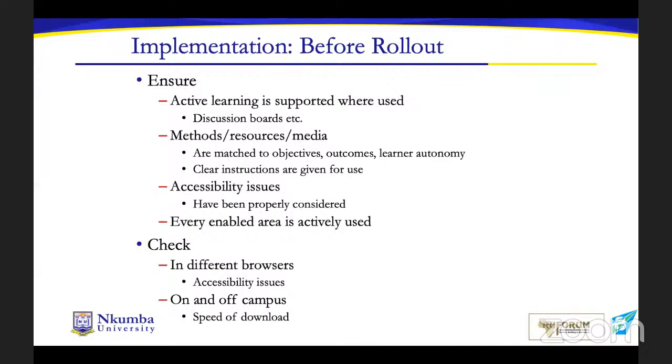Think about the uploads you put on, especially video. Are they downloadable? You may put something that requires half a day to download off the system for students to use. I'm telling you, they will wait for not more than two to three minutes and they will say, forget about this.